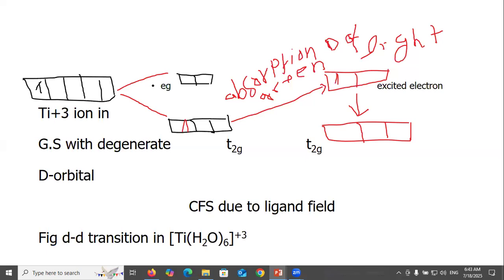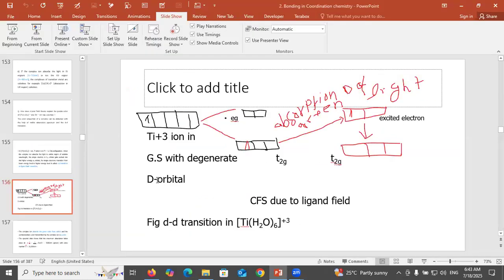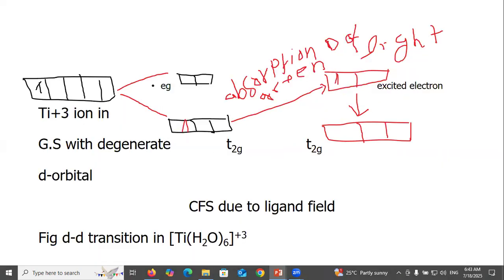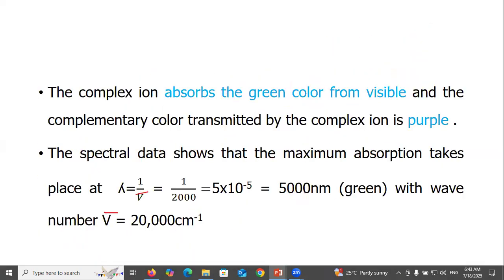Titanium 3 ion, ground state with degenerate d orbitals, t2g to eg in excited state, crystal field due to ligand field d-d transition. The complex ion absorbs the green color from the visible and the complementary color transmitted by the complex ion is purple.